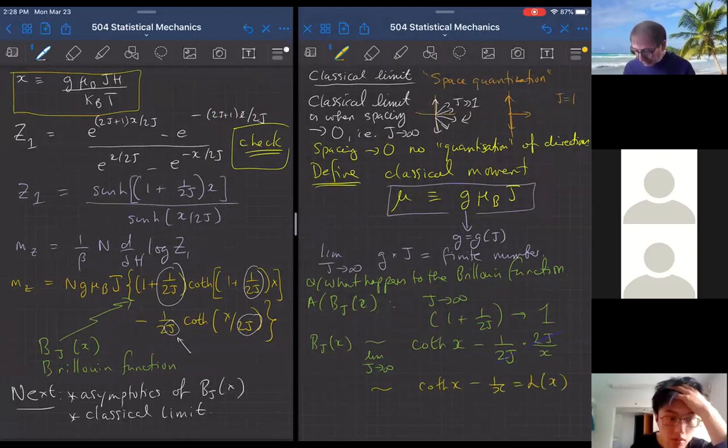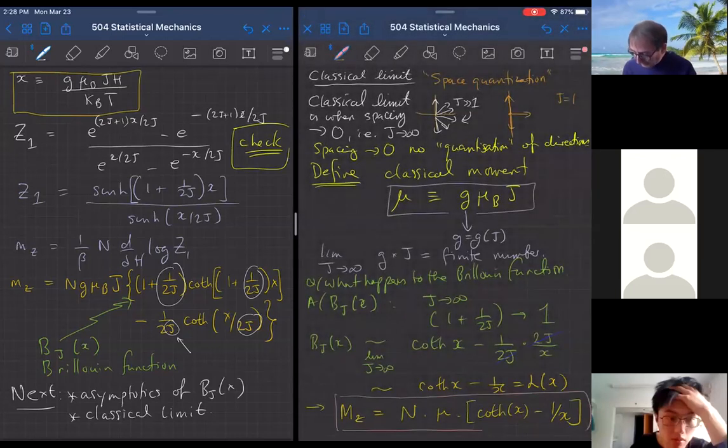And so then what I've got is that the magnetic moment in the z direction is equal to N times the classical magnetic moment times the function coth x minus 1 over x. And that agrees completely with what we calculated before for the classical case.